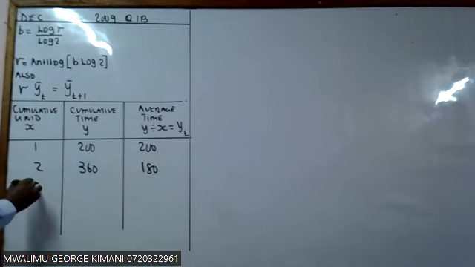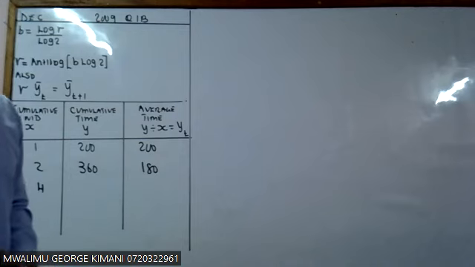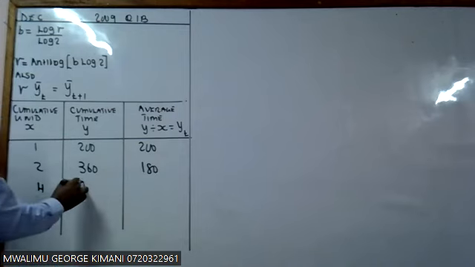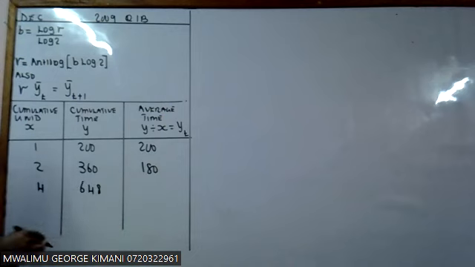But if you just want to prove more, for the fourth one, we have 648. So 648, if you divide by 4, what do you get? You get 162.